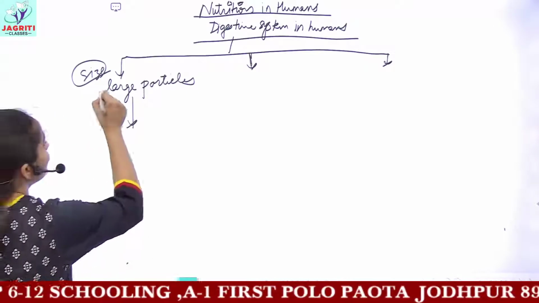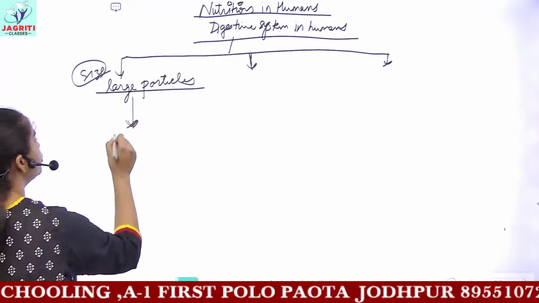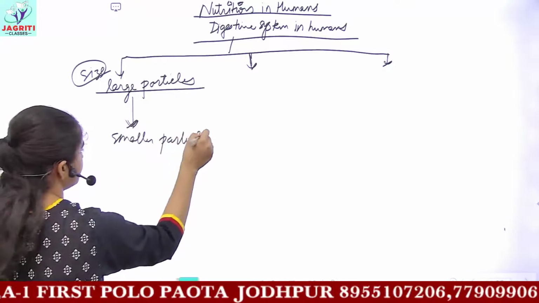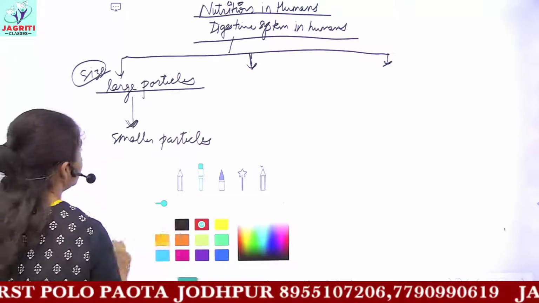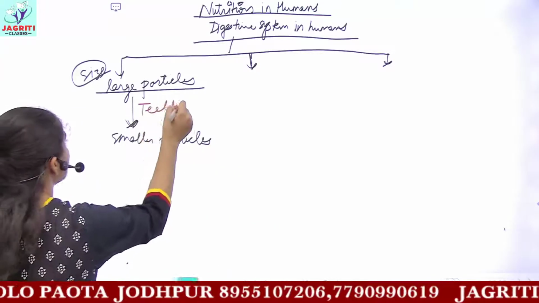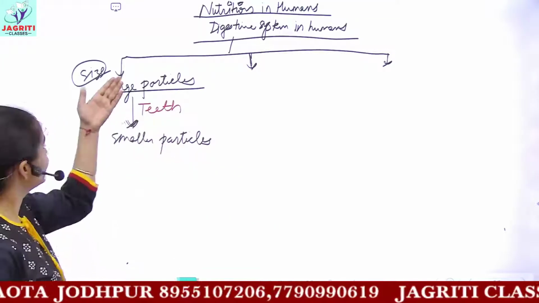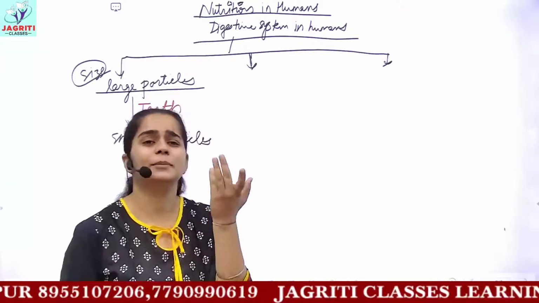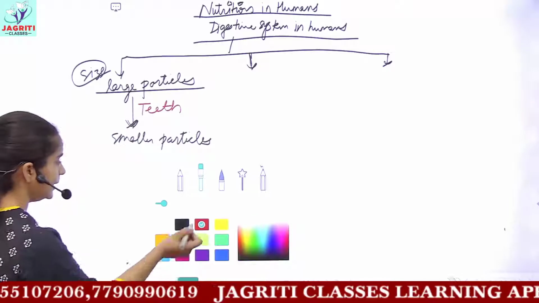So we need these large particles present in the food to be broken down into smaller particles. And in our digestive system, in our mouth, we have teeth, and teeth do a similar function, that is they break the larger pieces of food into smaller bits. So this is done by teeth.